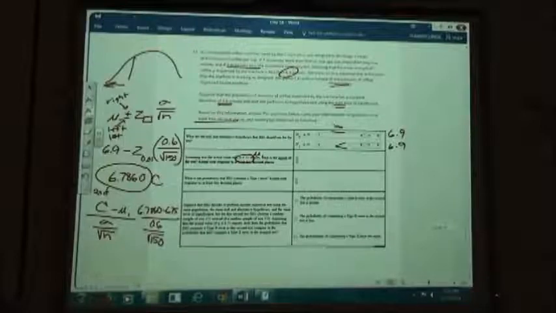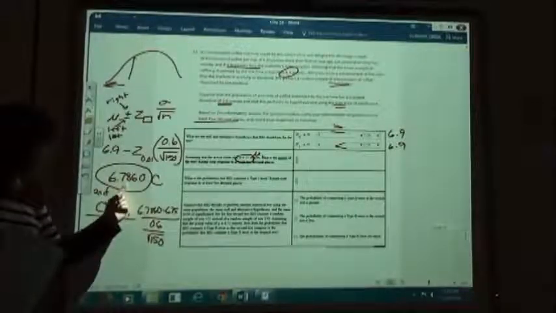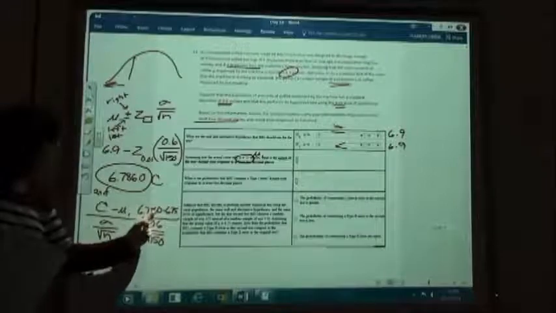This is the number 6.7860 minus this number, 6.75, yep.